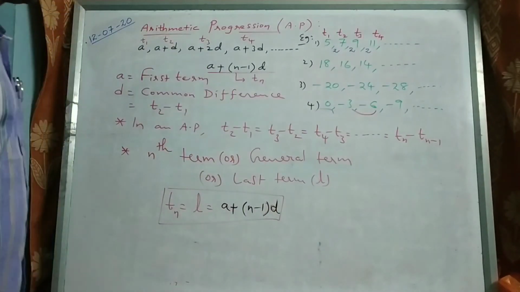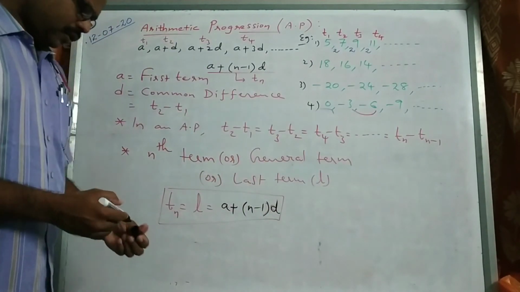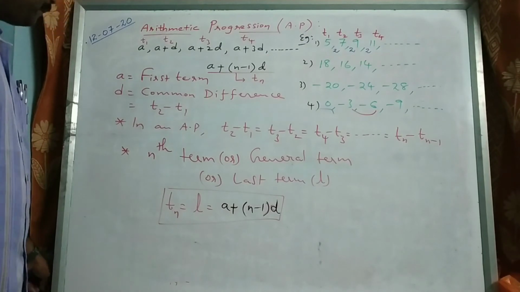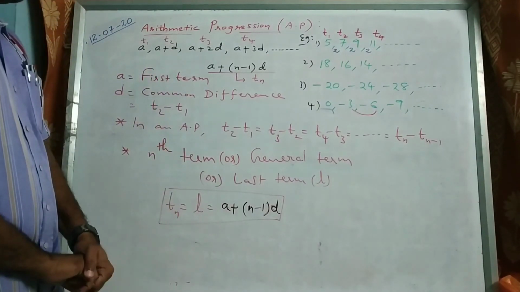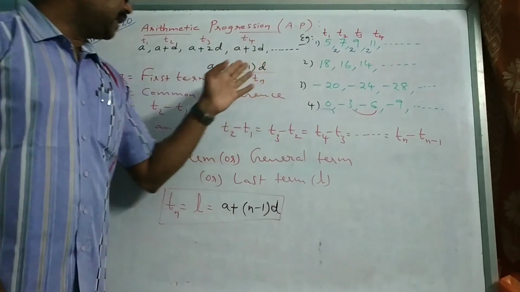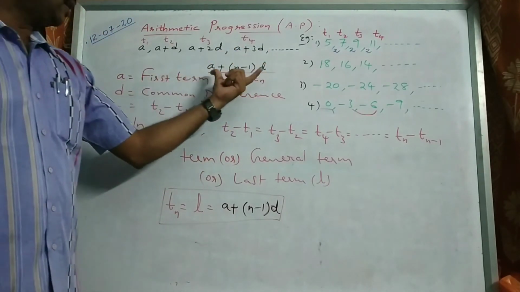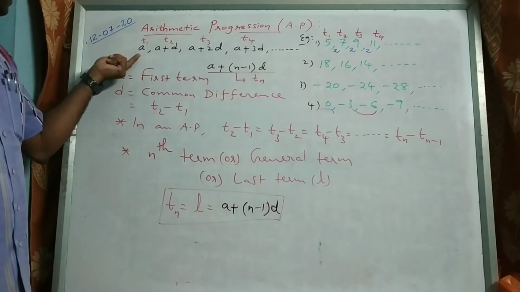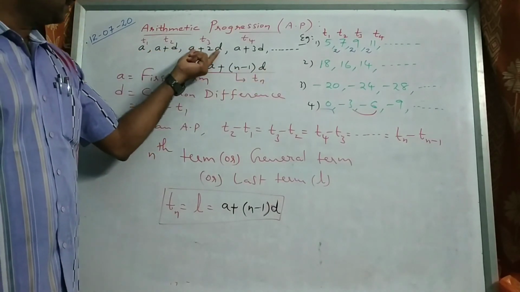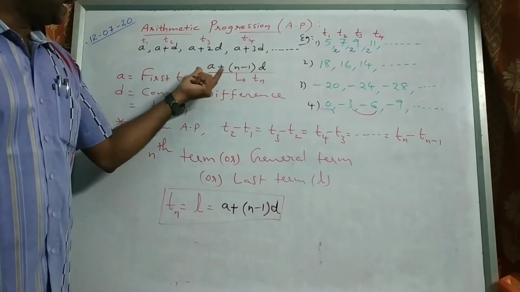Examples of APs. So what is the general form of an AP? A, A plus D, A plus 2D, A plus 3D, and so on, A plus n minus 1 into D. This is called the general term or nth term. First term, second term, third term, fourth term, like that.